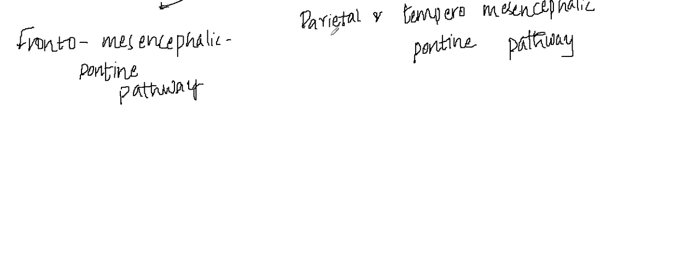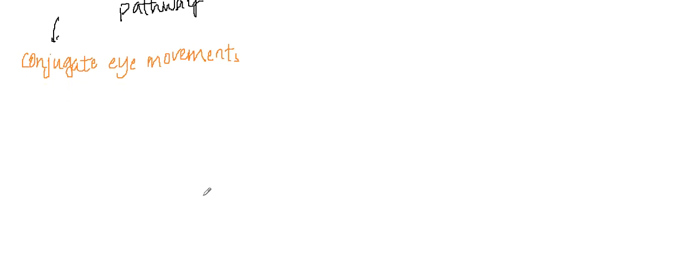What is the use of this pathway? This is for conjugate eye movements. This pathway starts in the frontal gyrus, the middle frontal gyrus. Okay, this is the central sulcus, precentral sulcus, postcentral sulcus.